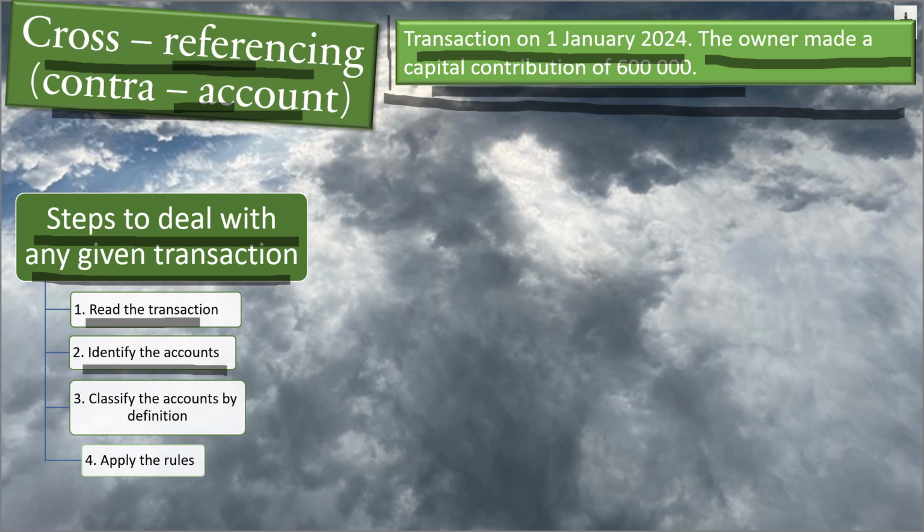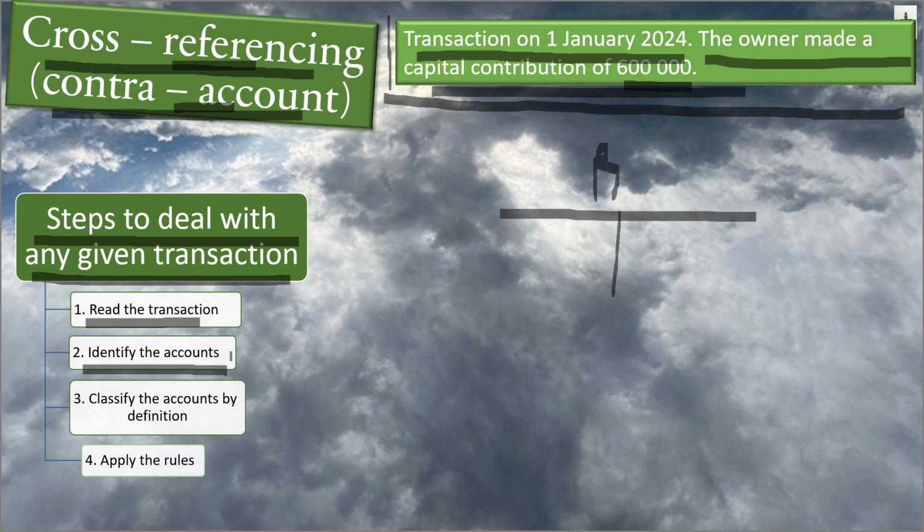So with practice, you'll be able to do things like identify the accounts. Now, I know if the owner makes a capital contribution of 600,000, firstly, the person that handles the finances in the business will take that money and open up a bank account. So the one account will be bank.